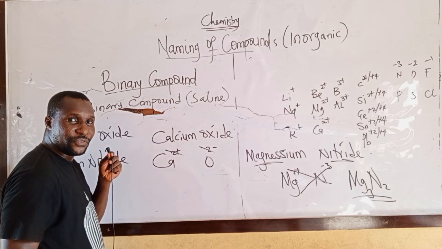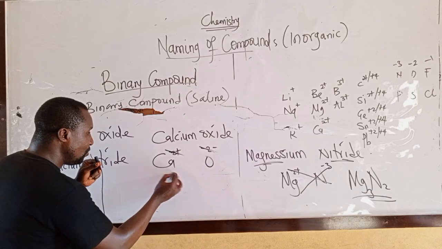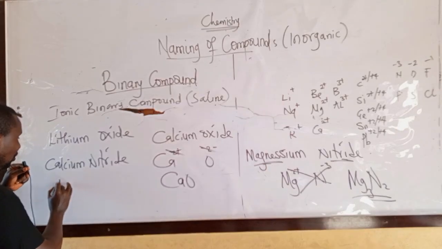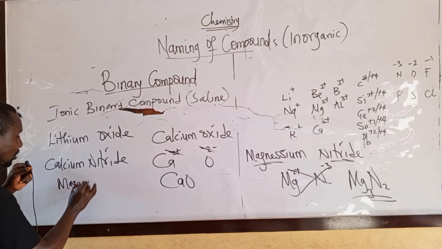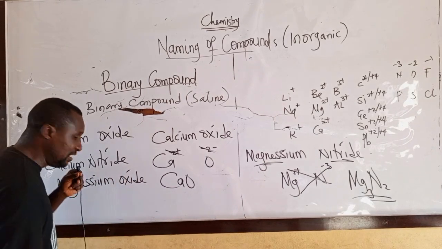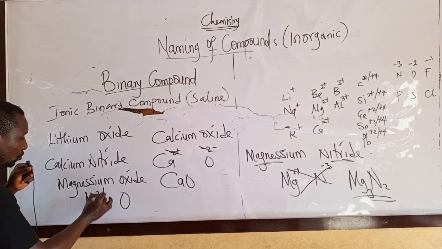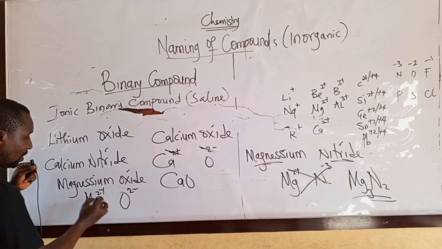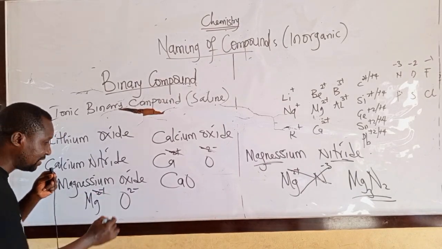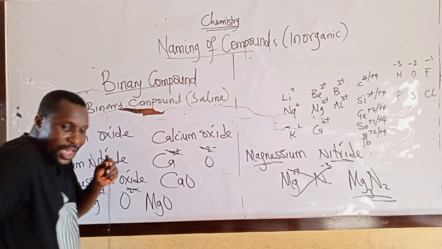Take note, different sign, but the same number. They cancel each other. Therefore, you have calcium oxide. If I ask you magnesium oxide, what will be the answer, class? Think it. That means magnesium and oxygen. Magnesium is +2, oxygen is -2. The same number, different sign. They cancel each other. That is magnesium oxide.